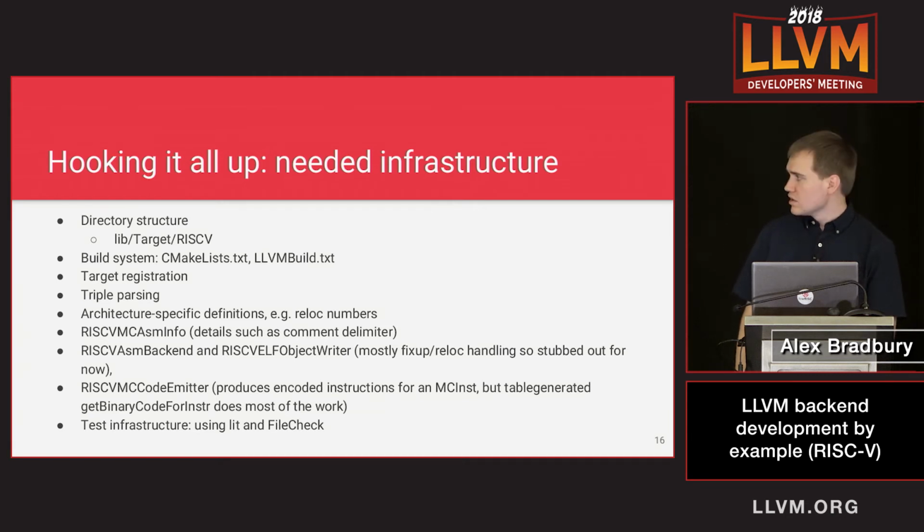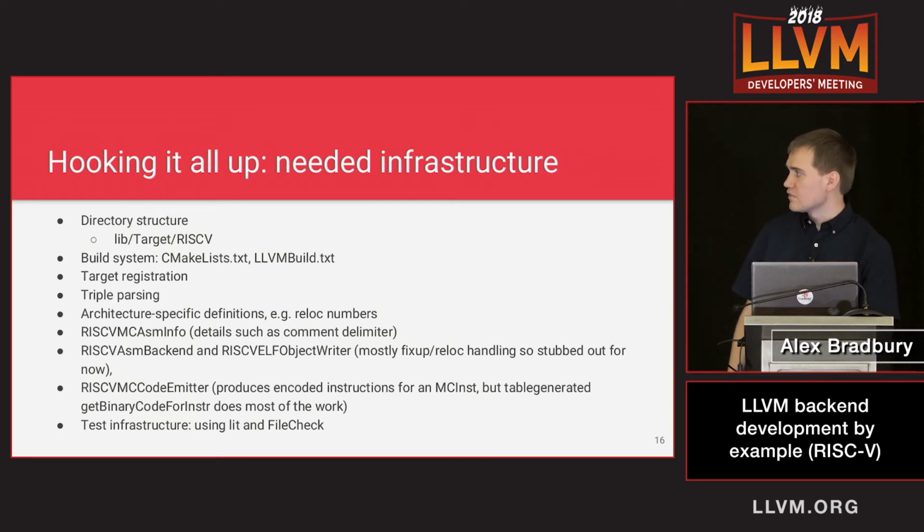And then RISC-V MC code emitter does a very important job. That converts your MCInst, so these instructions which we produce from the assembly parser, and then encodes them. But there's effectively no code you need to write here other than implement the class and ensure that it includes the table generated code that actually does this.